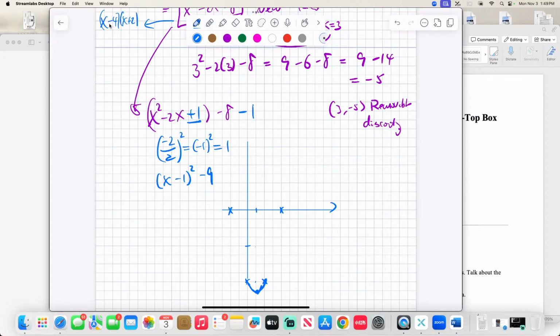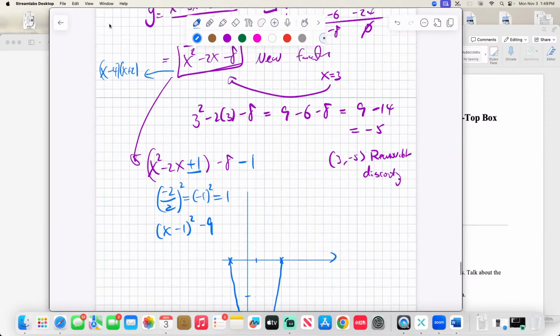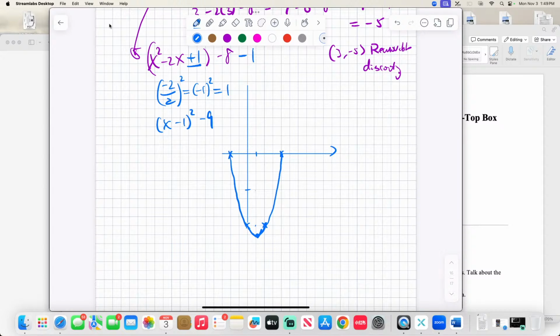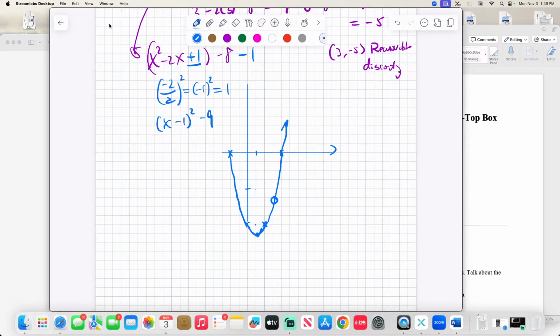That's another 2 points. So it's going to have a parabola going this way and this way. Now 3 and negative 5 is going to be a hole. 3 and negative 5 is right here. There's a hole right here. And this function goes up, this function goes up. It's a parabola with a hole.